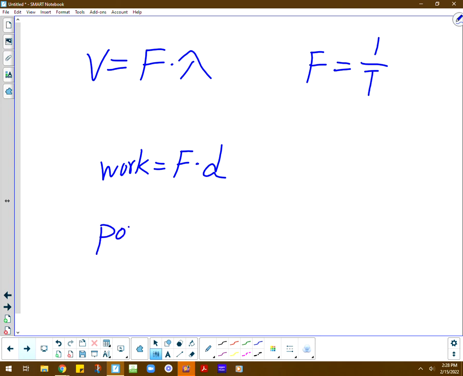Power equals work over change in time. That's really all you're going to need, except if you look on the very last page, they give you some constants and conversions.